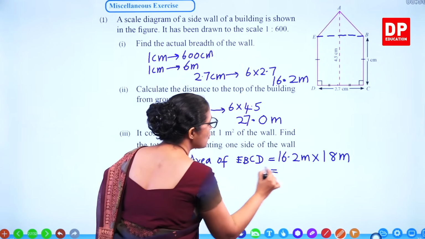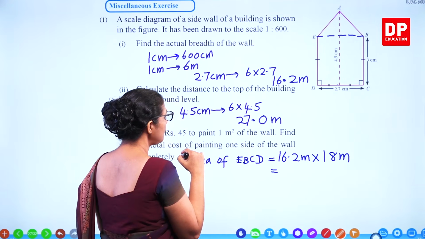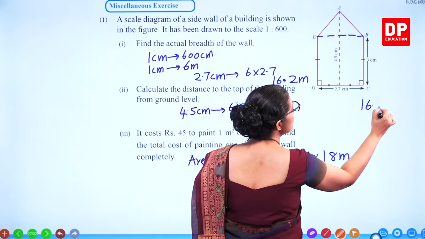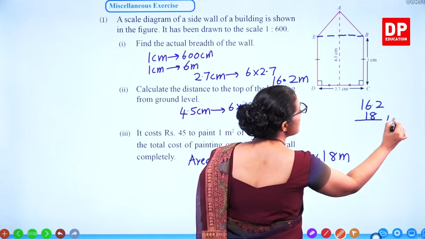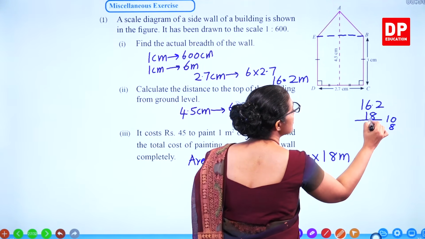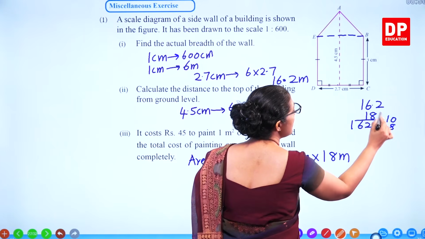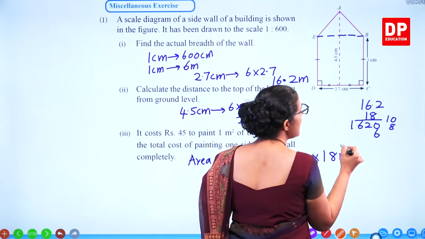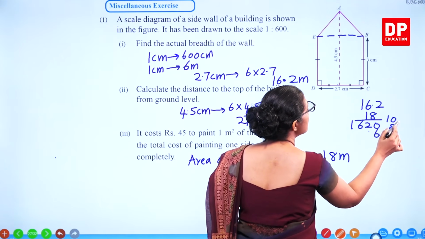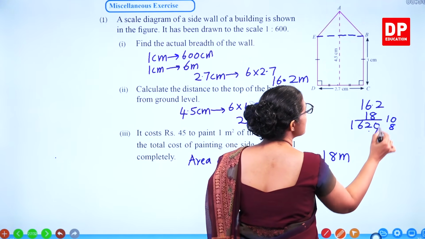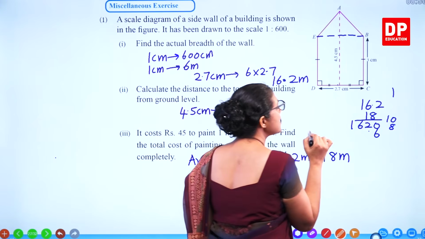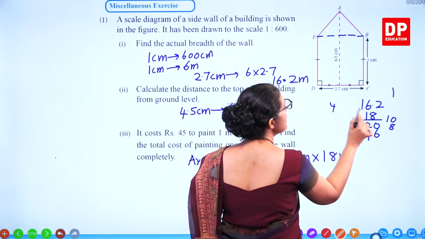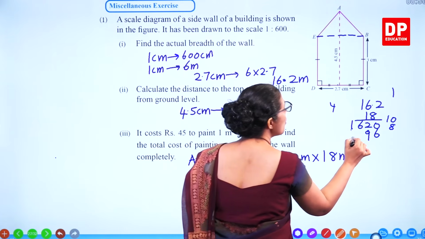So multiply these two. 16.2 times 18. 8 times 2, 16. 8 times 6, 48 plus 1. 8 times 2, 16. 1 remaining. 8 times 6, 48 plus 1, 49. 4 remaining. 8 times 1, 8 plus 4, 12.